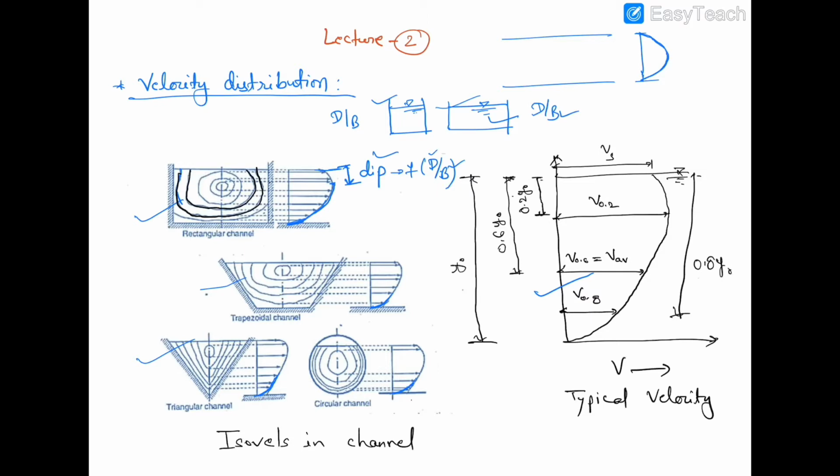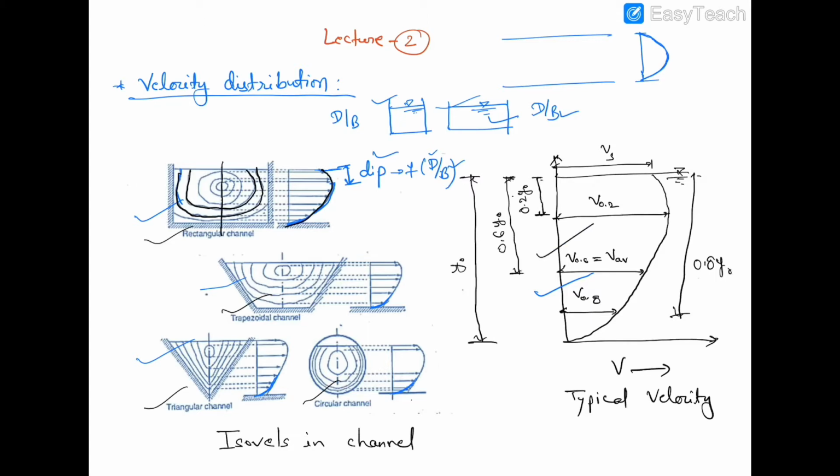Isovels are the lines which are produced by joining the points of velocities of the same magnitude. So here you can see the isovels in case of rectangular channel, trapezoidal channel, triangular channel and circular channel, and this figure represents the velocity distribution at the mid of the channel section. Clear?